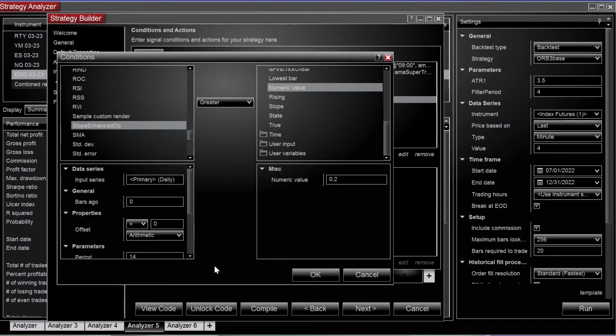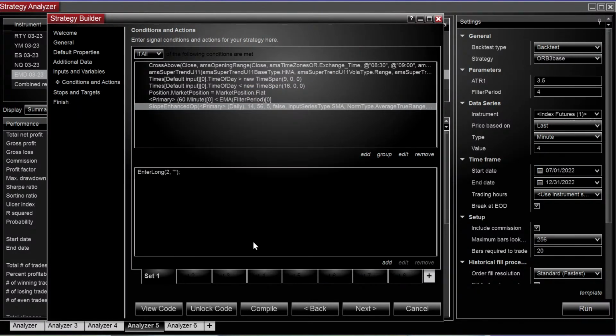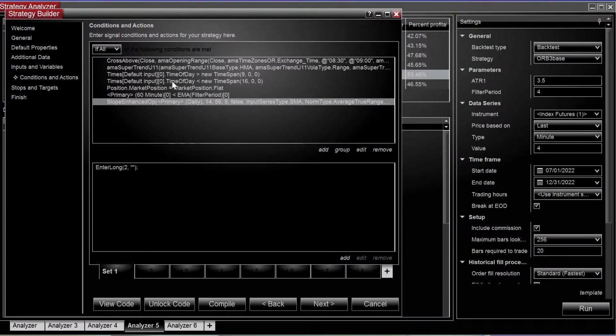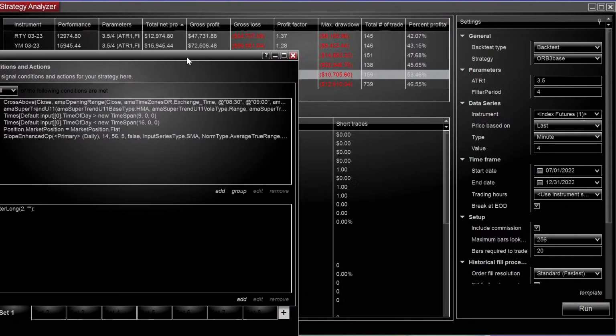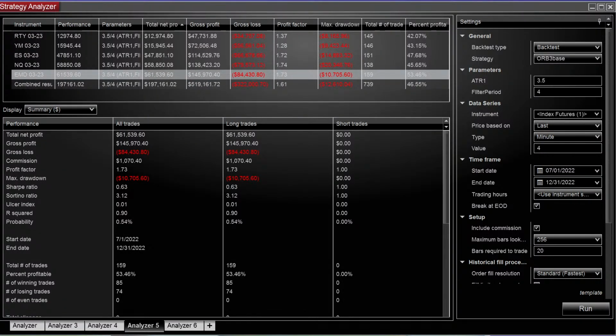We're looking to see if we got a nice slope on the daily chart. And if we do, that's going to give us a thumbs up for taking our ORB.